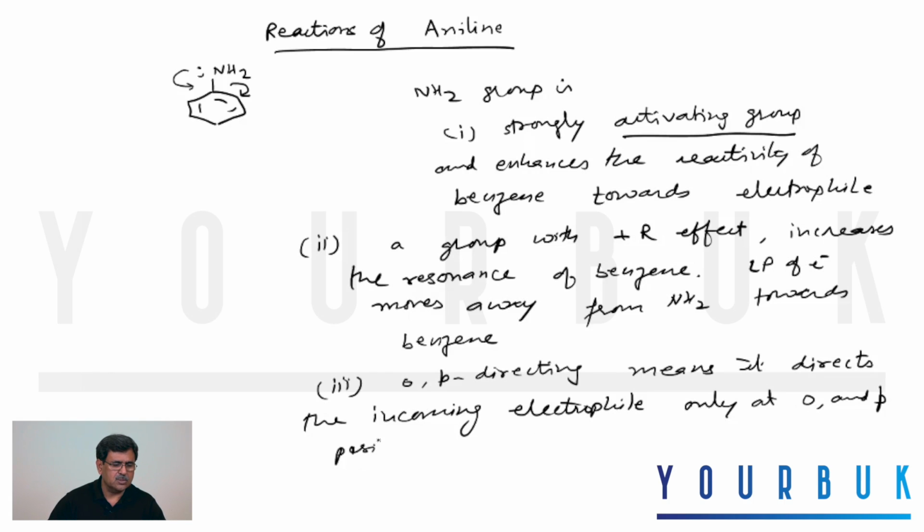So these two positions are becoming more electron rich. If you look at the resonating structures, ortho and para carbons are having a negative charge. So these are the resonating structures.